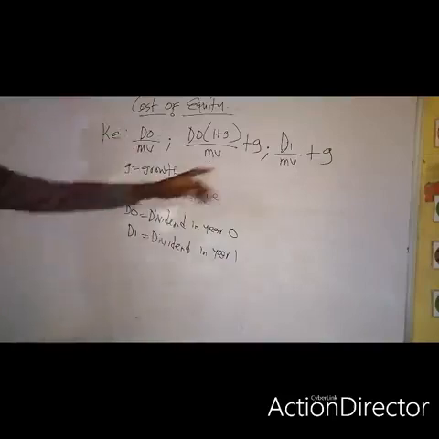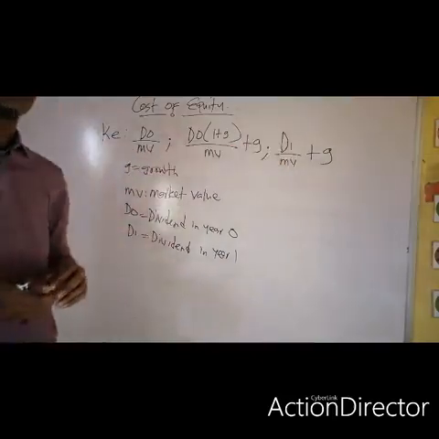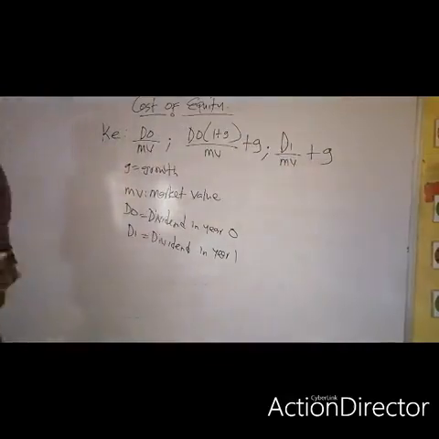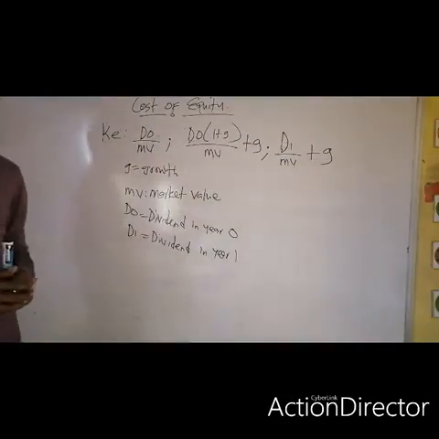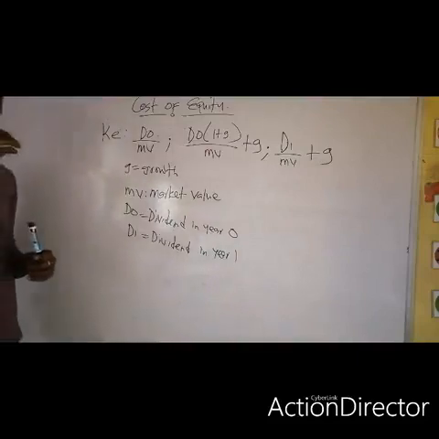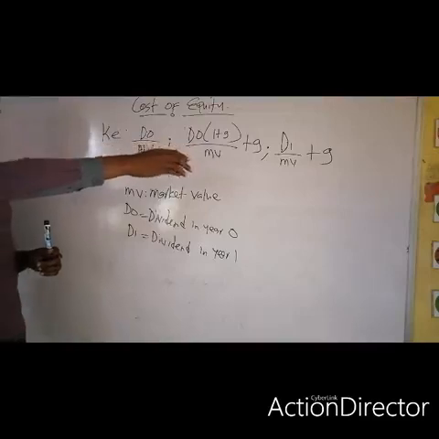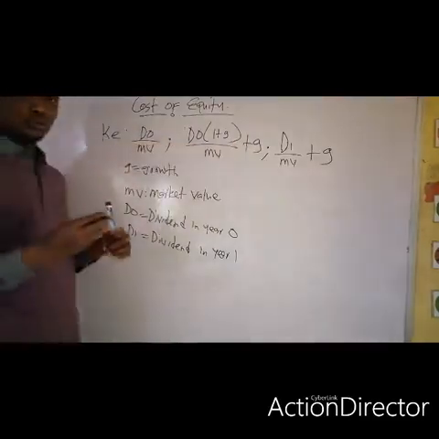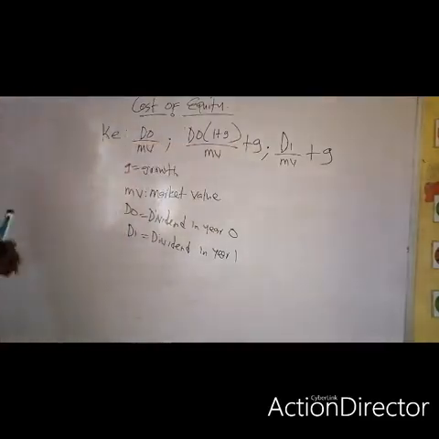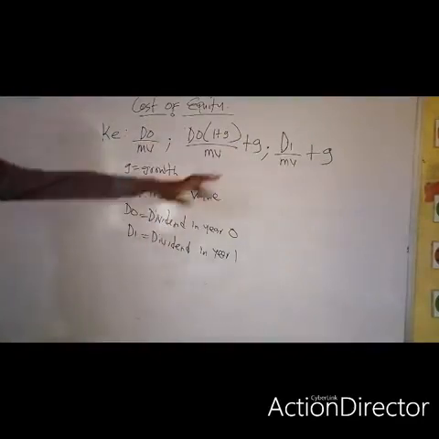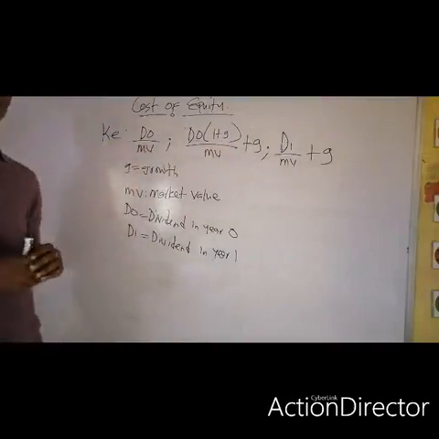But if it is a case of D1, the question will let you know that it is dividend paid in year 1, or dividend paid in future. So if it says year 1 or dividend paid in future, it means it is D1.